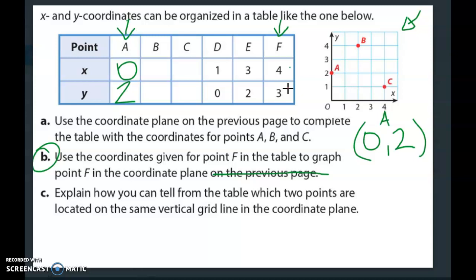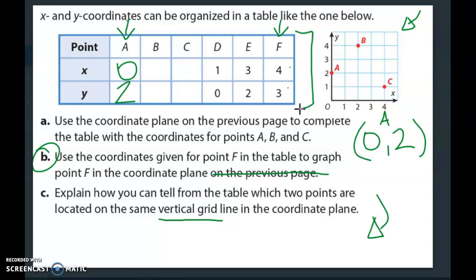And then for part C, which you can just write down here at the bottom on your next slide, explain how you can tell from the table which 2 points are located on the same vertical grid line. Vertical meaning left to right. So what 2 are on this vertical, the same on the vertical, using the table here.